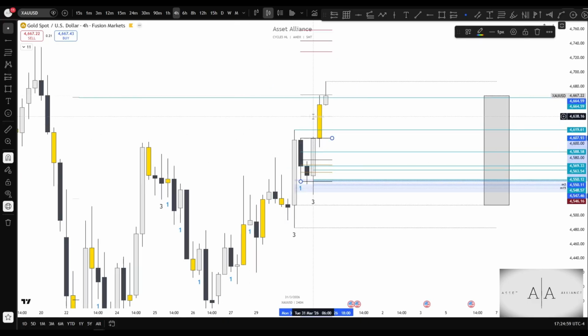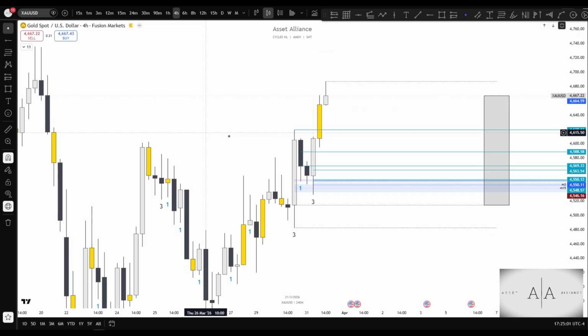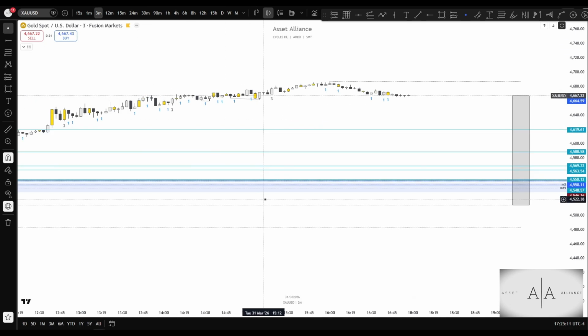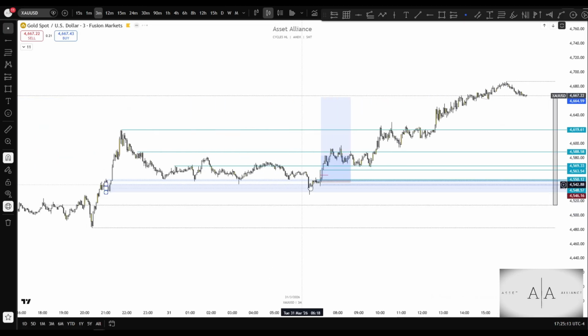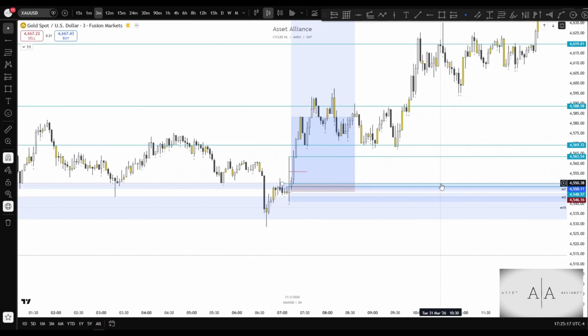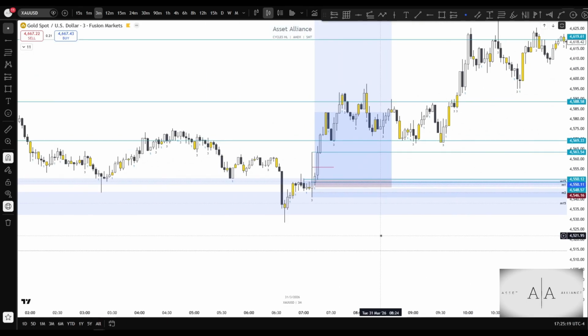When we have such an attack on the 3 minute, like such a giant wick, would you have entered? I think it was in the 3 minute. I'm not so sure. But we had this giant wick with attack. Yes, this one. When we have such strong rejection with attack high, would you enter long?